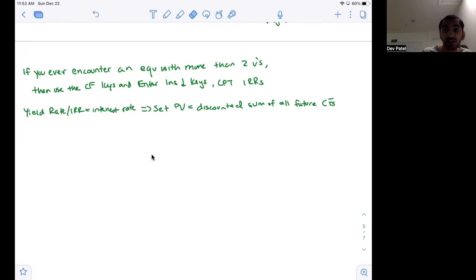If you know that there are multiple viable solutions, then it's advised to use the quadratic formula, because otherwise you won't be able to get the two different solutions. And if the question requires you to know the two different solutions, maybe it's like what's the absolute difference between the two possible interest rates that could result from this, then you would need to use the quadratic formula instead of just using the TVM keys, which will only get you one solution.